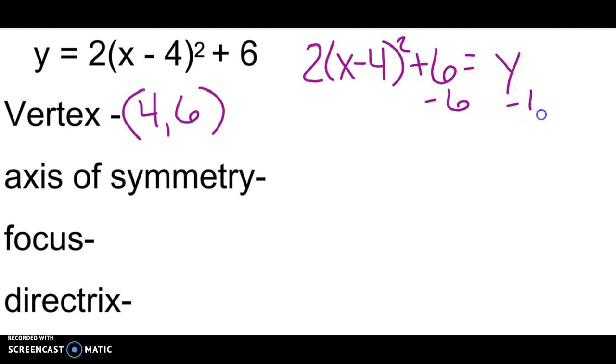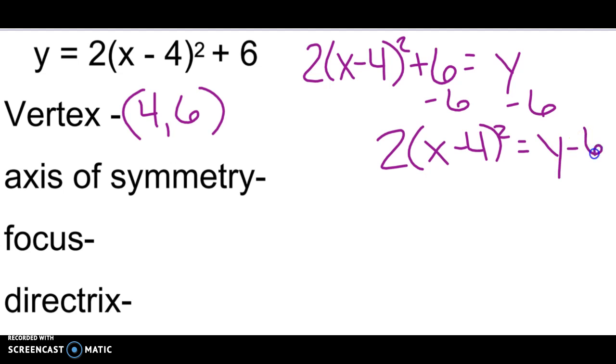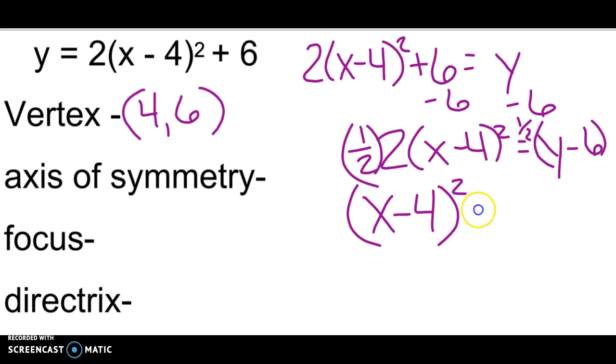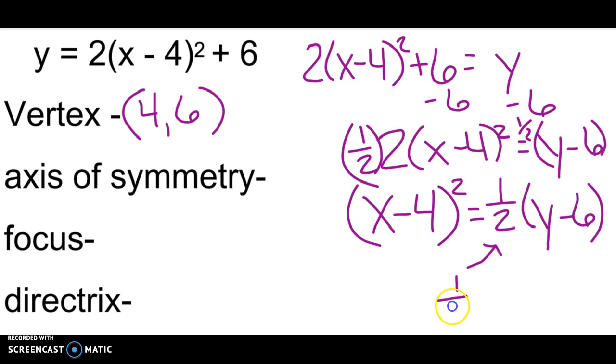Now let's subtract our 6 and work this down. And then we're going to multiply by the reciprocal here, multiply by 1/2. So we get x minus 4 all squared equals 1/2 times y minus 6. This makes it much easier to figure out, because now we know that 1/2, remember this is not p, 1/2 is equal to 4p.